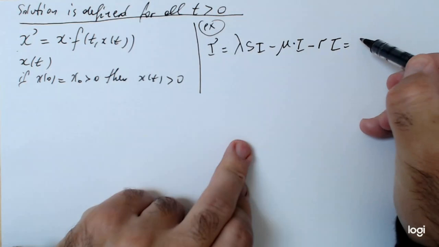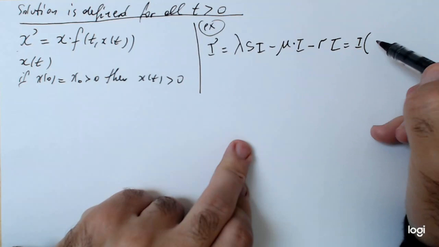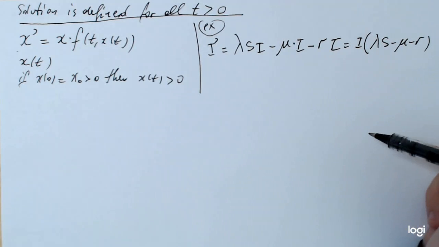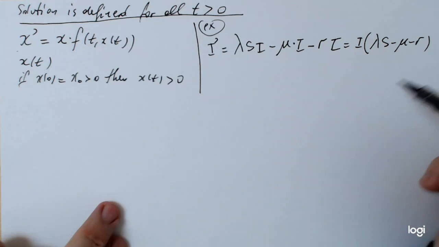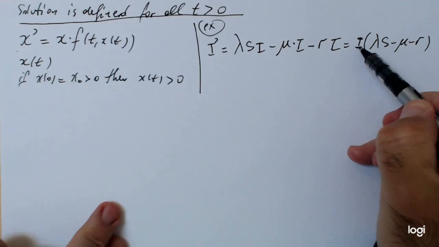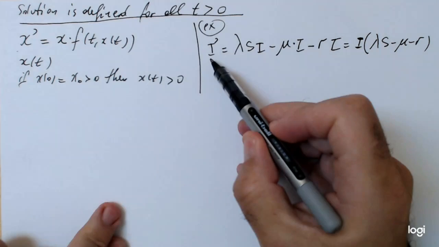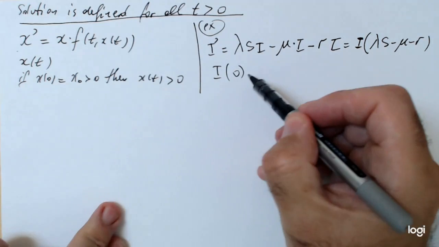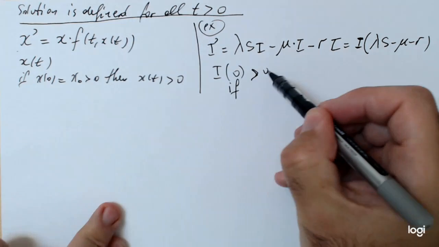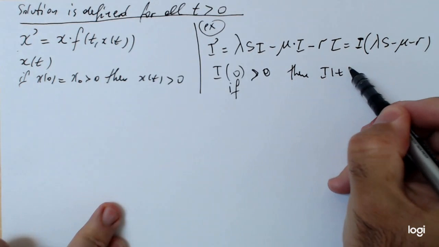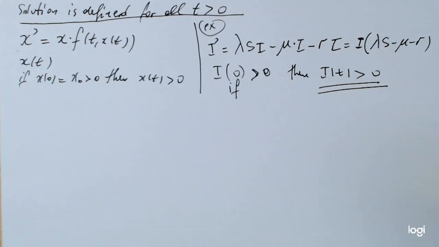So overall, you would notice that you can factor I, and then you have just a bunch of other stuff in parentheses. So as I said before, if the existence of solution is ensured, this feature of being able to pull out the dependent variable on the right-hand side is enough basically to conclude that if the initial condition is positive, then the solution stays positive as well.